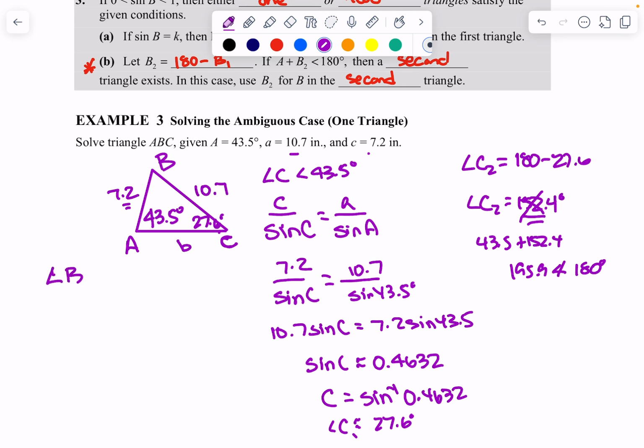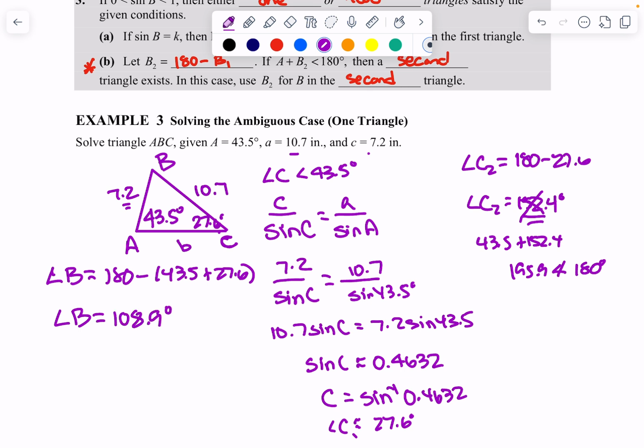Which means we can then find angle B, because the triangle is always 180, so that's 180 minus 43.5 plus 27.6. Again, I'm just humming this along in my calculator this morning. Therefore, angle B is going to be 108.9 degrees.